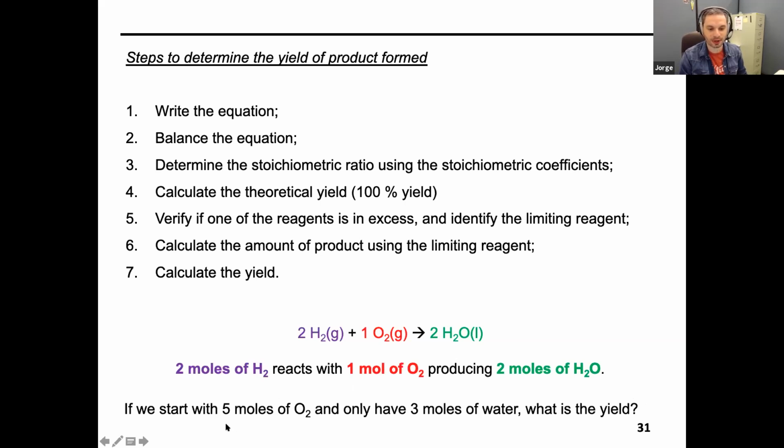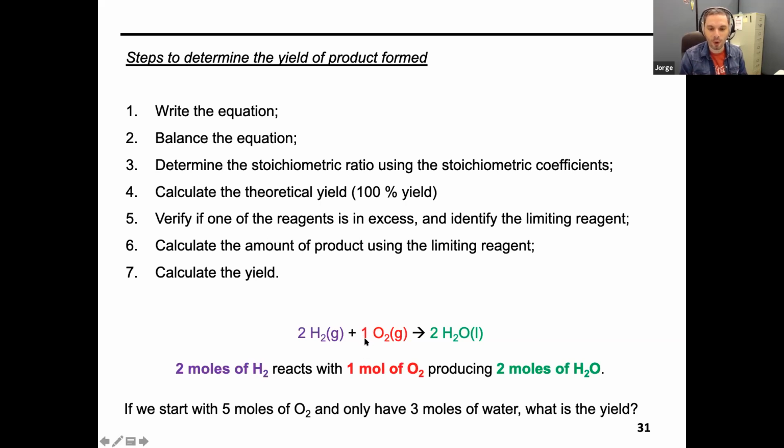So if we started with 5 moles of oxygen, first thing that you need to think about when you are solving this kind of problems is, okay, so if I start with 5 moles of oxygen, if the reaction proceeds in a perfect way, what would be the mass or the amount of water produced? Just simply look at the stoichiometric coefficients and they will tell you the proportion.